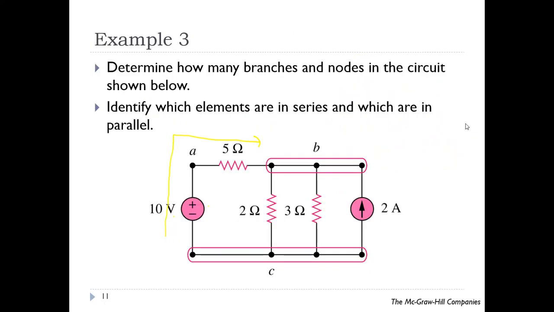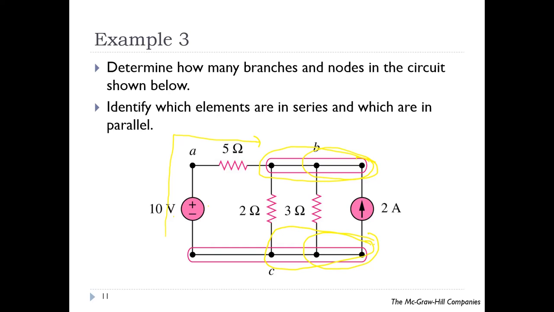This element, for example 3 ohm and 2 ampere, are connected to the same two nodes, similar to the 2 ohm resistor. So actually all of these three elements are in parallel because they are connected to the same two nodes. Please make sure you are able to differentiate between series connected elements and parallel connected elements.